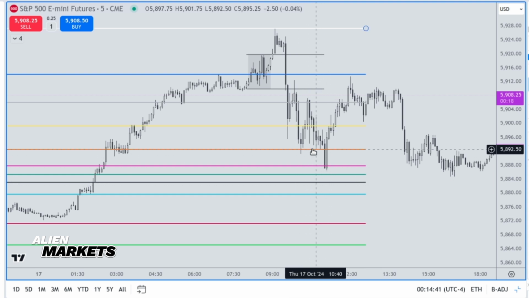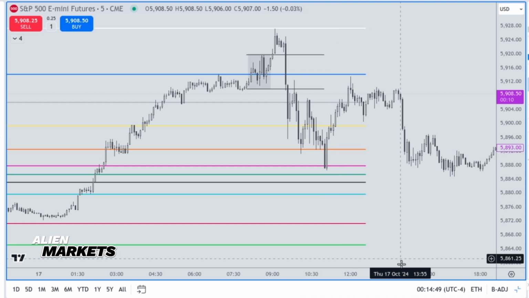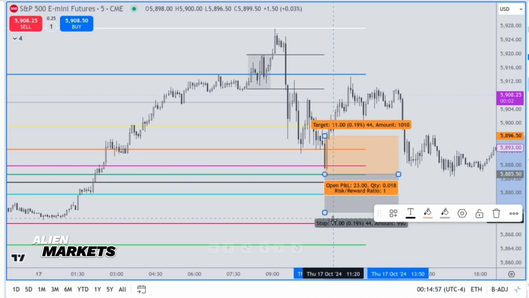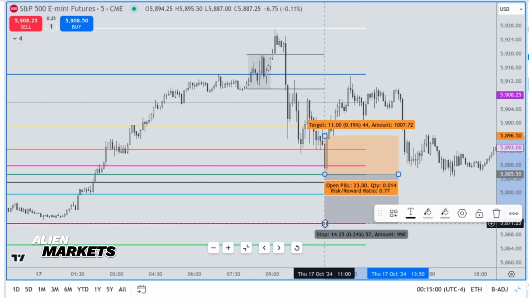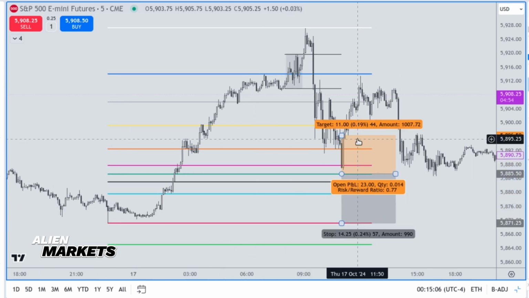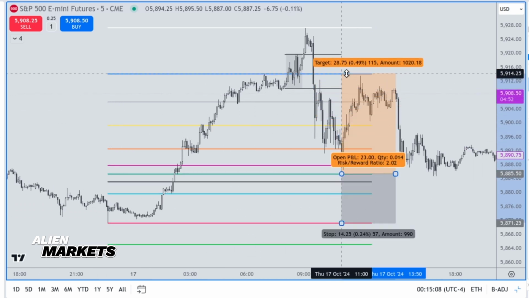So what I usually do is, when price starts bouncing from this 61.8%, I usually go like this. I place on my 75% and I place my stop loss on the low, and then right here, right?